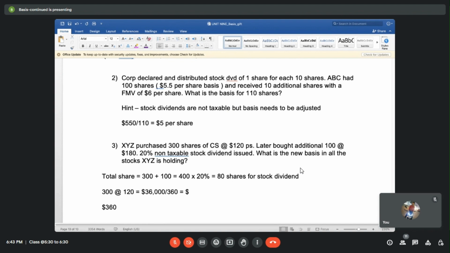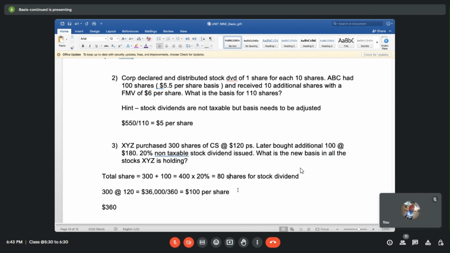No, but 100 additional shares were bought, right? We are not going to include that part right now, Tanya. What we are trying to see is that originally when this person purchased 300 shares, a 20% non-taxable dividend is given on all the shares, but since they were bought at different prices, we need to split them into two different groups.